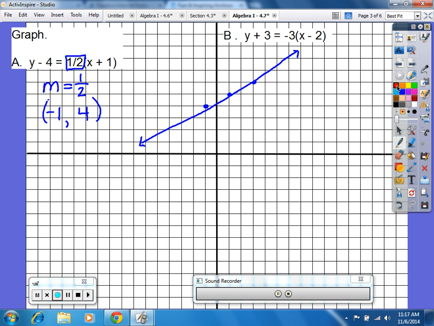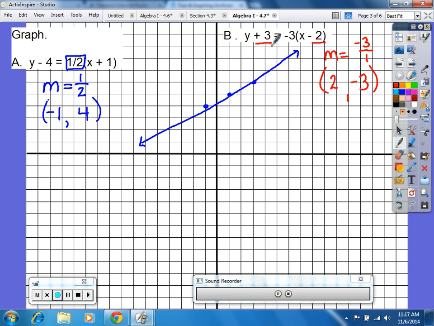Okay, and letter B I will do in red. I should first write down my slope and my point. So my slope in this equation is -3, and I'm going to put that over 1, so I have rise over run. My point is 2, -3. Here's my x, change the sign. Here's my y, change the sign.